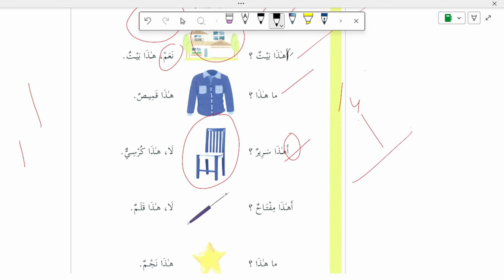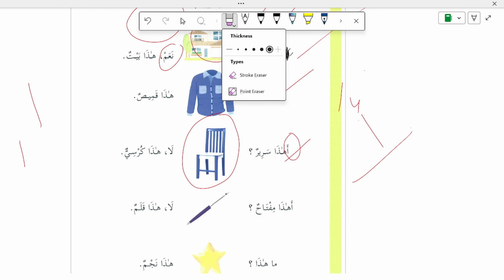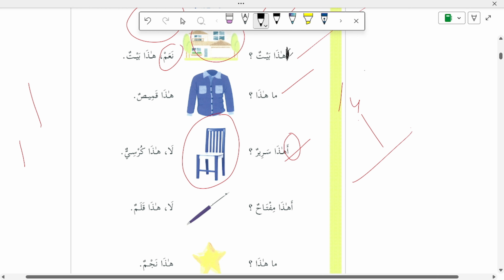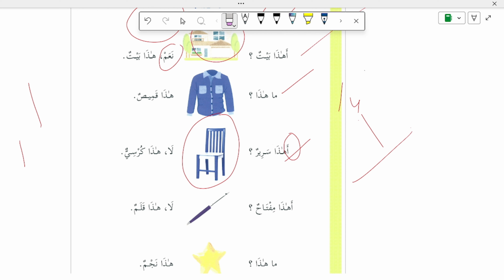Without this word, what is the sentence? Haza baytun, this is a house. If I want to make this sentence interrogative, a question, I will add the letter a. So it becomes a haza baytun. Is this a house?